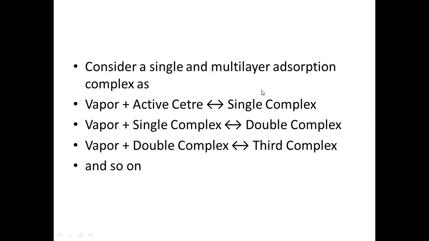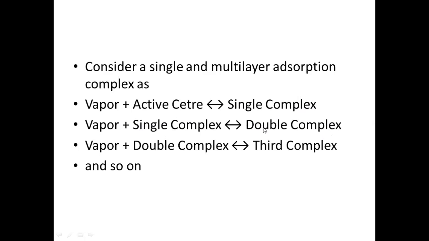Then there is the formation of the first layer, and here you can say a single complex is formed. And then this first layer, which is adsorbed on the surface of the adsorbent, is now going to provide the active center for another layer of adsorption of the vapor, and then the double complex is formed. That means the second layer of adsorption will form.